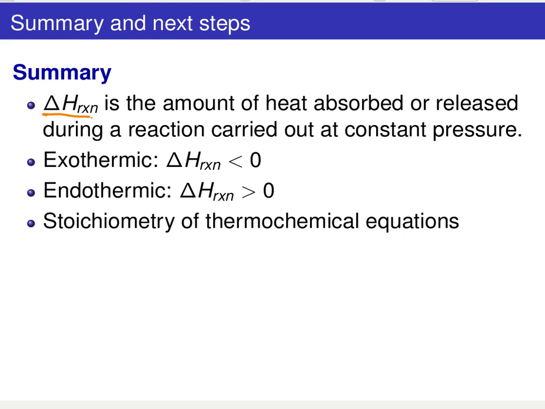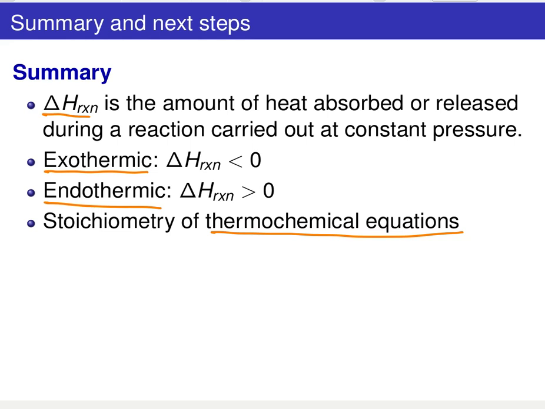If energy is being given off, released, we have what is called an exothermic process. If energy is being absorbed, we have an endothermic process. And using this delta H, we could tack it on to what we already know about chemical reaction equations to form thermochemical reaction equations and perform stoichiometric calculations very similar to what we've already talked about.